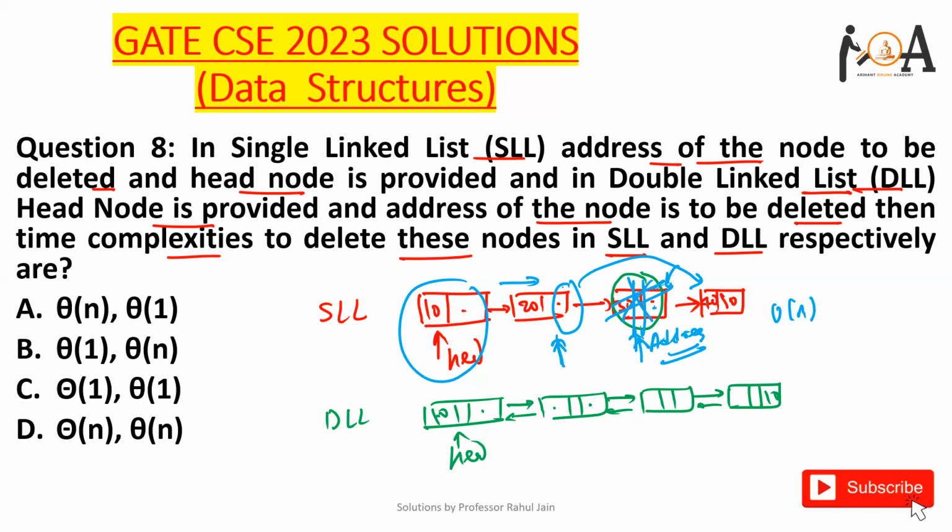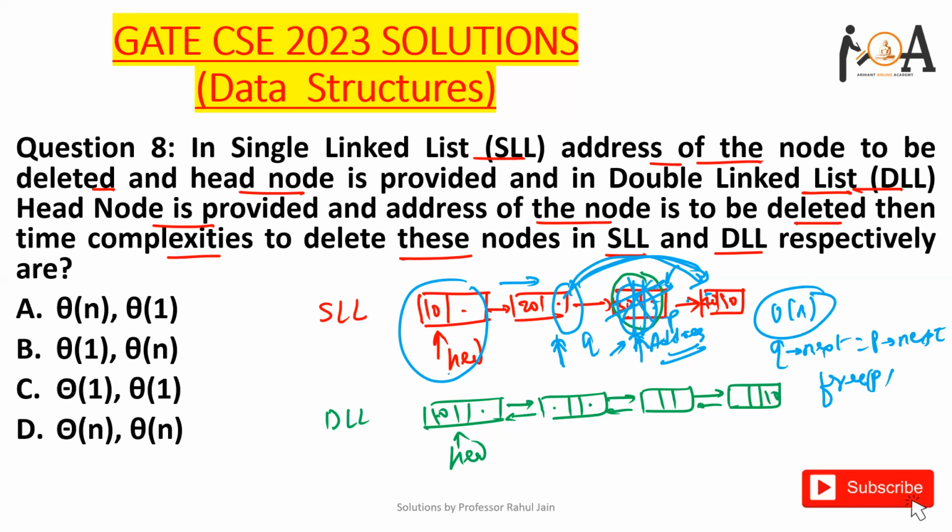Before freeing it, let's say this is P and this is Q. We can make Q's next equal to P's next. In this case, Q's next will hold this node, and thereafter we can free P. So we must traverse up to this point, that is order of n, we can say.